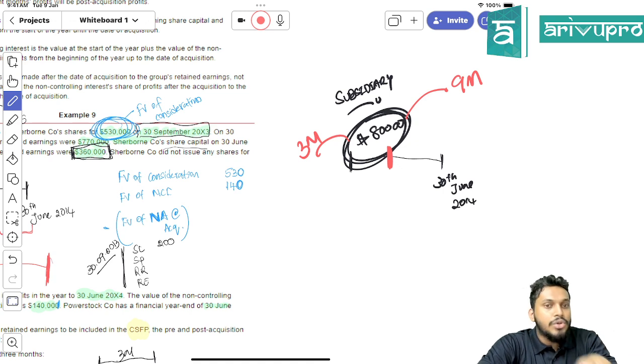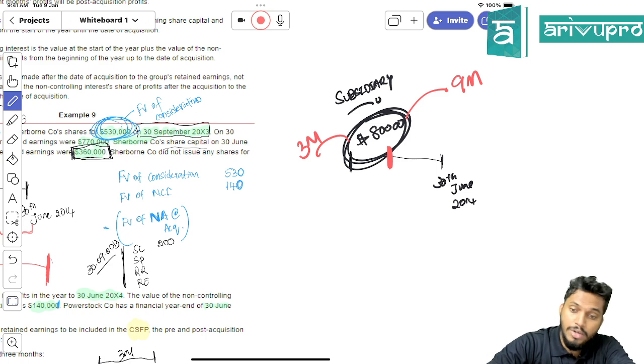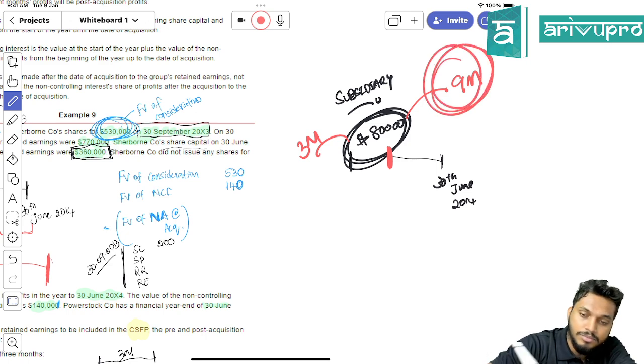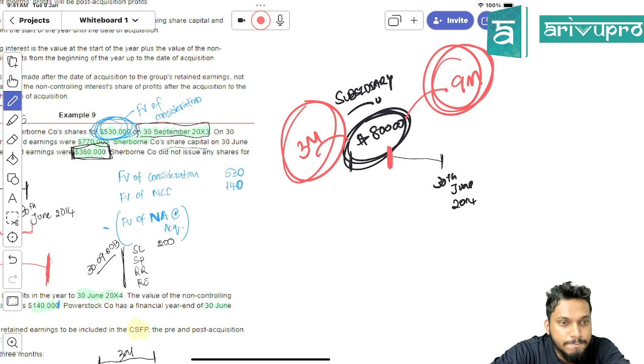And for this question, you are finding the opening retained earnings or closing retained earnings? Opening retained earnings. So should I take the 9 months or 3 months calculation? 3 months calculation, because that 3 months is belonging to the subsidiary, not belonging to me.